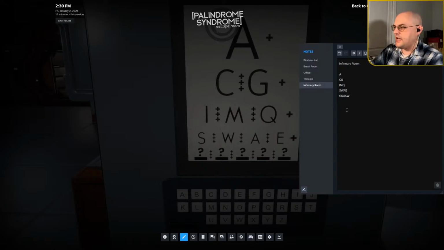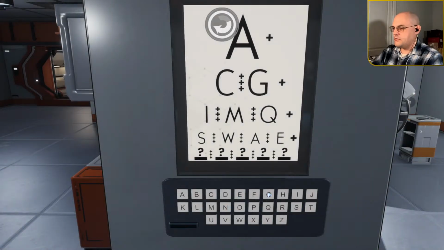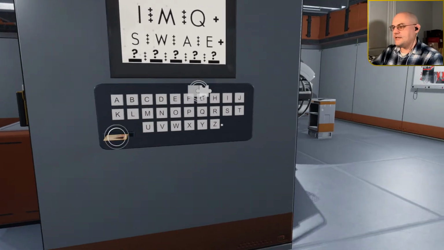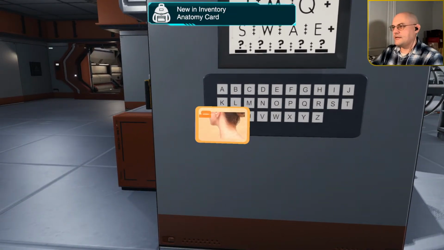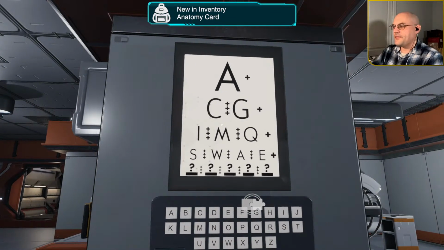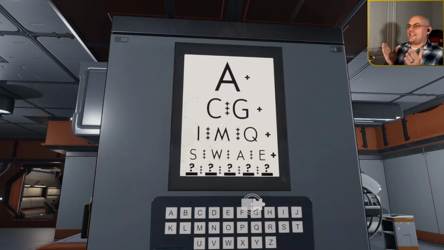H, I, J, K, L, M, N, O, P, Q, R, S, T, U, V, W. G, K, O, S, W. There we go. See? And there's my missing card. See, as a puzzle, I like this. That is a cool cipher.